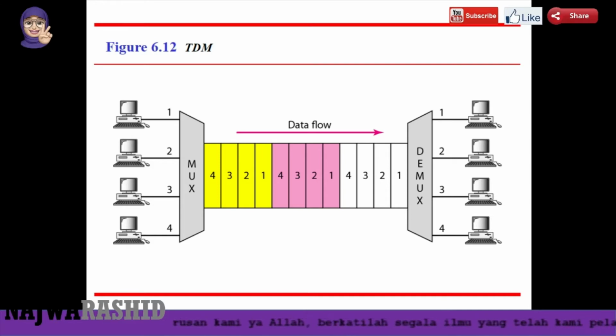At the receiver side we have the demultiplexer, and it will separate the signal again into n channels. Let's say for this example, we have four. We multiplex them together, and then we demultiplex, and it will generate another four channels.